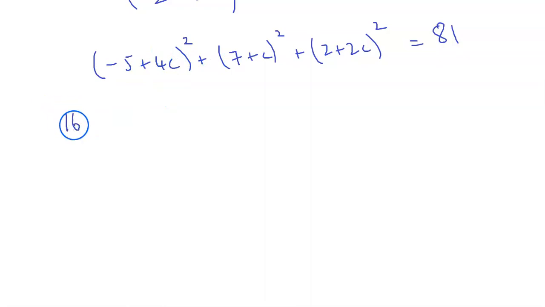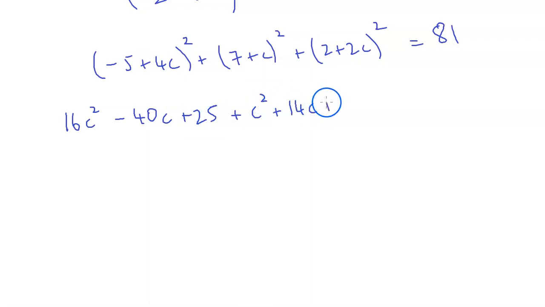So 16c² - 40c + 25, plus c² + 14c + 49, plus 4c² + 8c + 4 equals 81.